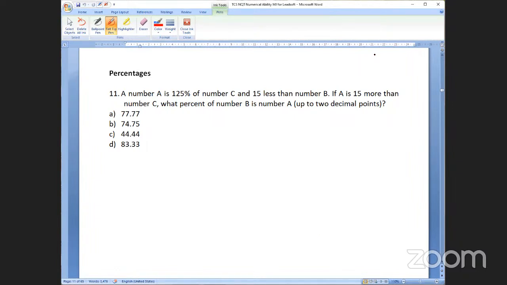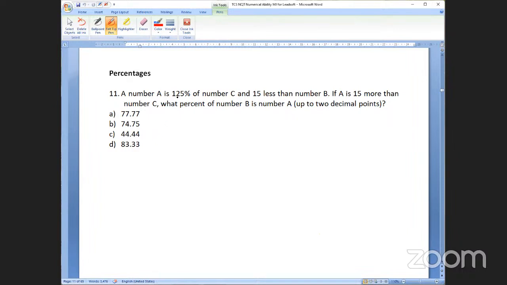So let's see whether we would be able to do it in that given time or not. Let's see what it is and how we should be approaching questions.